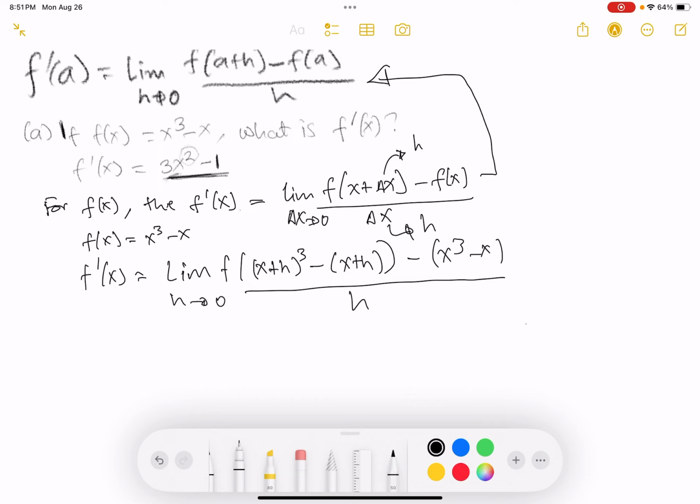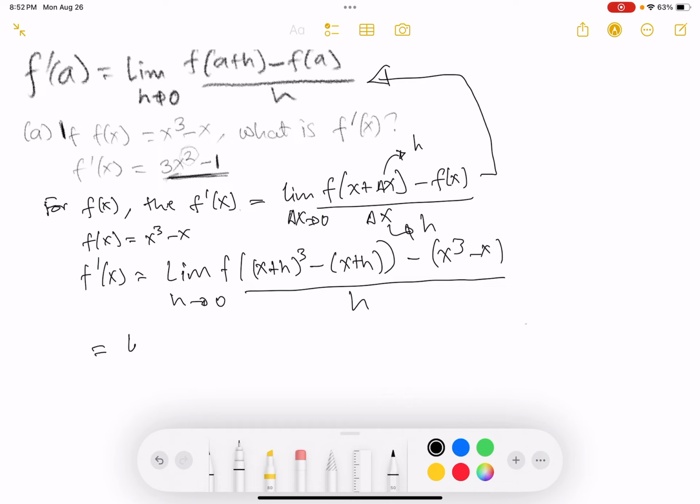Now all we have to do in this particular case is open up this function, in other words expand it out, so we can weed out what we want to weed out and leave in what we want to leave in. So I'll go ahead and open it up.